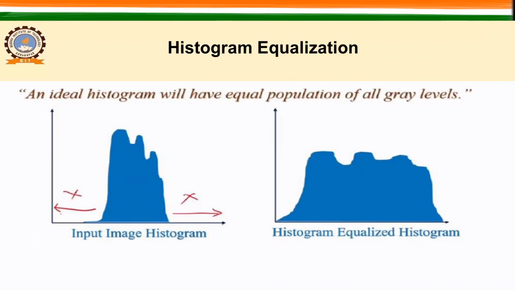If you can get a histogram like this, then it is the best. All the DN values have similar frequency, right? This is the frequency, but this is not possible in nature, and it is not possible with any remote sensing instrument or with our eyes, because it depends on how much energy they have reflected or emitted from the surface, right?